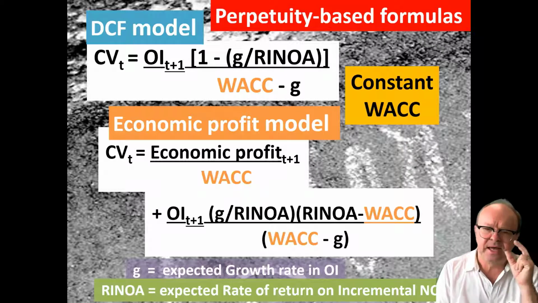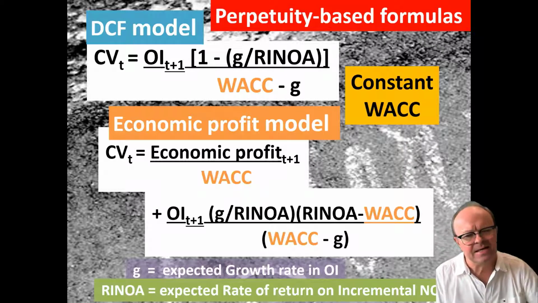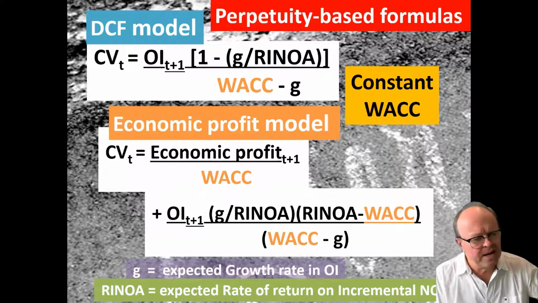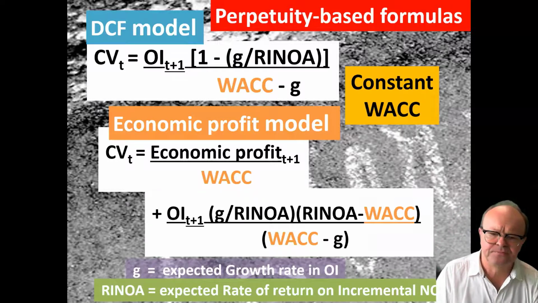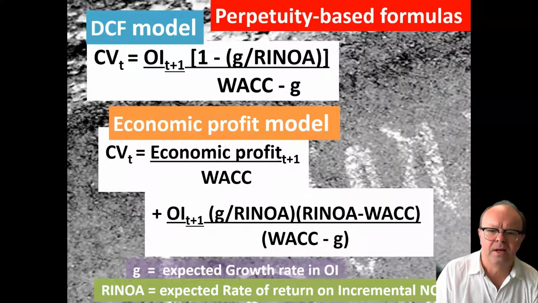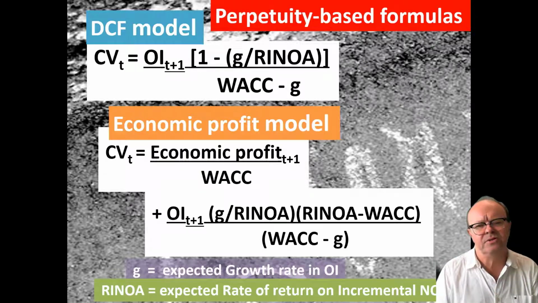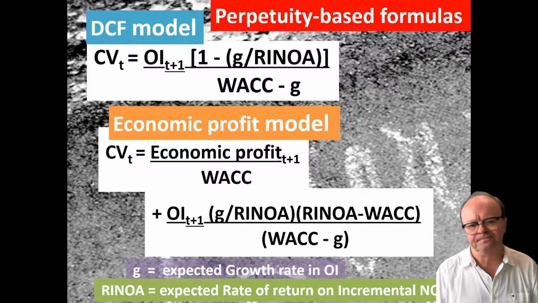We'll also be putting that into the formula. So this is a perpetuity. It assumes a steady state in our growth rate in operating income, in our weighted average cost of capital, and in our constant margins and asset turnovers. So that's what makes up our perpetuity-based formulas for the continuing value under both our models.